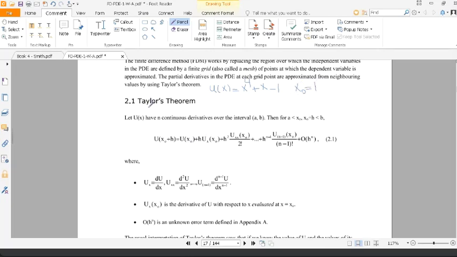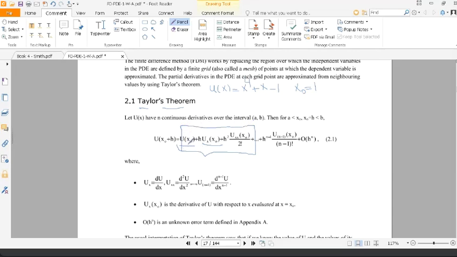For the Taylor theorem, we need u of x0, ux of x0, uxx of x0. I say that use only 3 terms of the right-hand side of Taylor theorem, only until uxx of x0 over 2 factorial, okay?